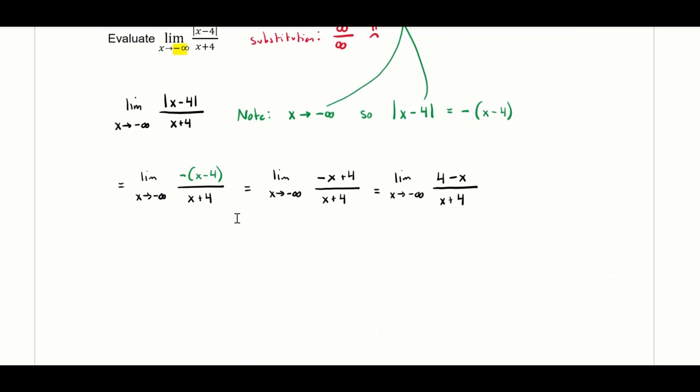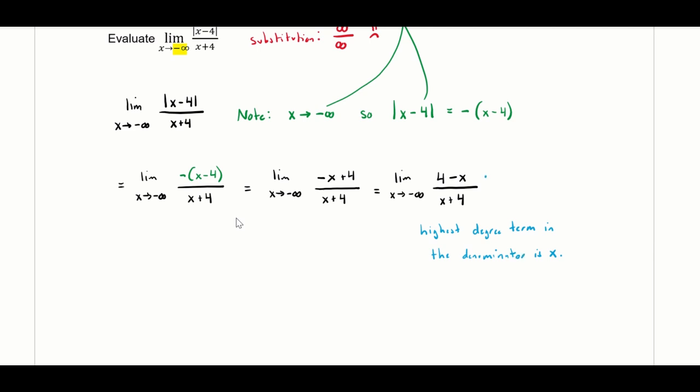And I'm going to note that my highest degree term in the denominator is just this x. So the highest degree term in the denominator is x.